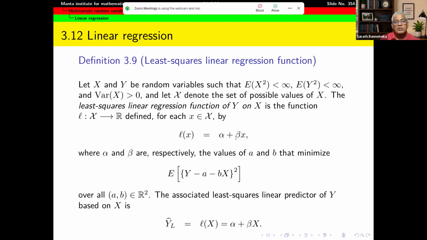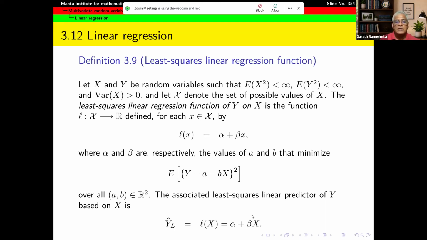So then we have this function. Now, L of x equals alpha plus beta x is just a mathematical function of x. But if you consider that quantity as a function of capital X, you get L of capital X equals alpha plus beta X, and now it is a random variable.